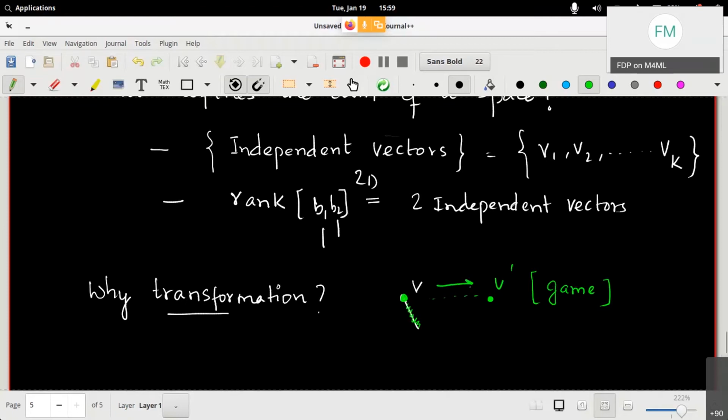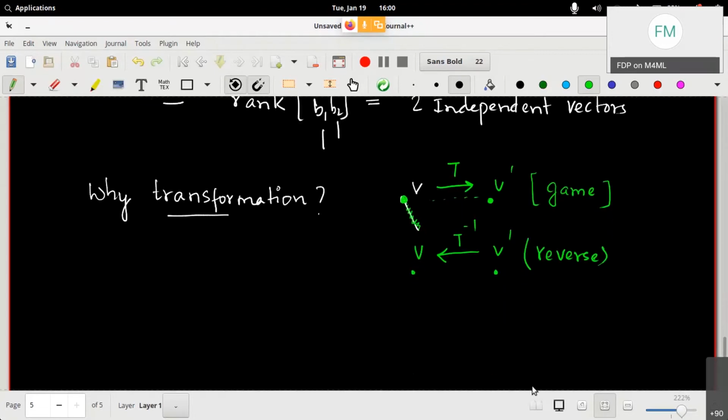This is your transformation T, and when you do a reverse transformation, I would get from V prime to V, right? So this is my reverse transformation.